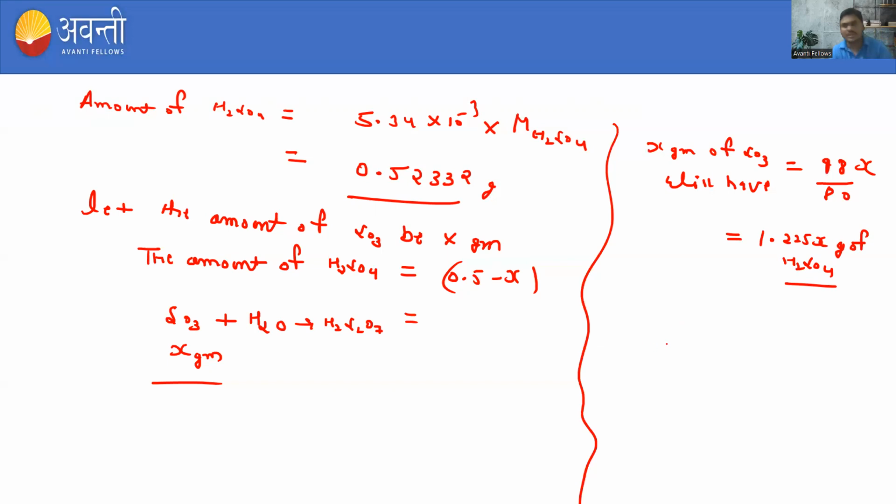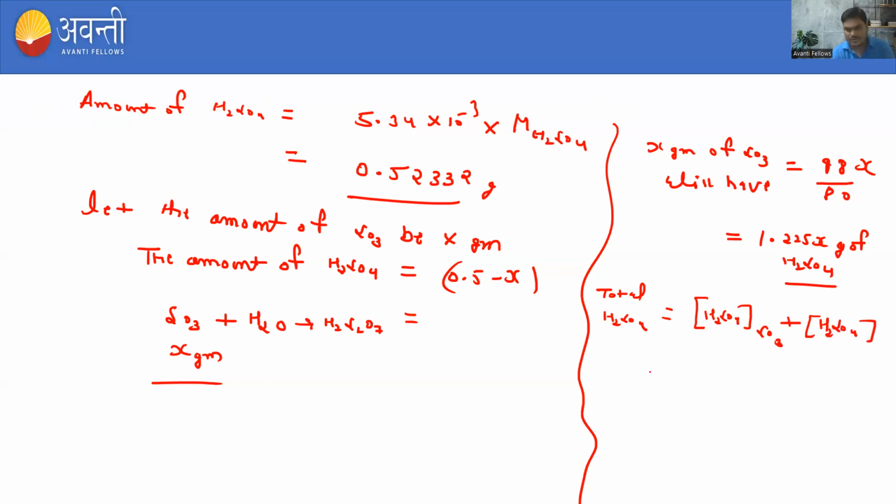Now, if you want to calculate the total amount of H2SO4, that is the concentration of H2SO4 in terms of SO3 plus the H2SO4 concentration.